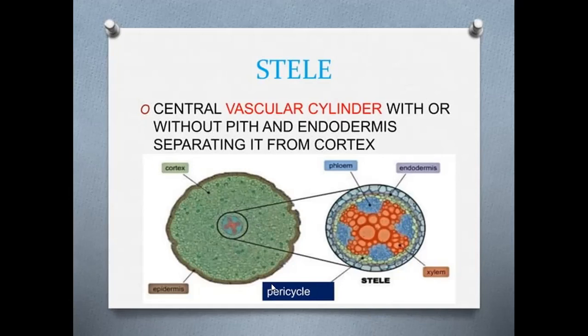That part of the anatomy we call the stele: the central vascular cylinder, with or without pith, and endodermis, separating it from the cortex region.